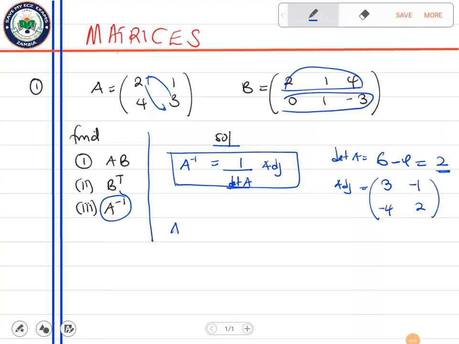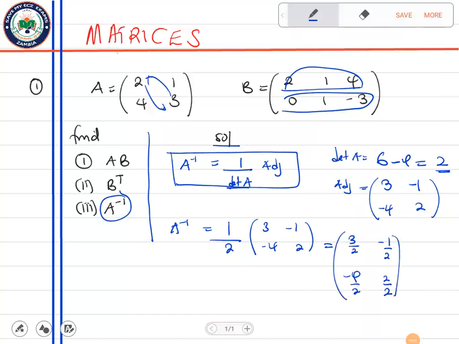So 1 over 2 multiplied by 3, negative 1, negative 4, and 2. We multiply throughout. This gives us 3 over 2, negative 1 over 2, negative 4 over 2, and 2 over 2. We can simplify this and conclude that A inverse is equal to 3 over 2, negative 1 over 2, negative 2, and 1. And we're done.